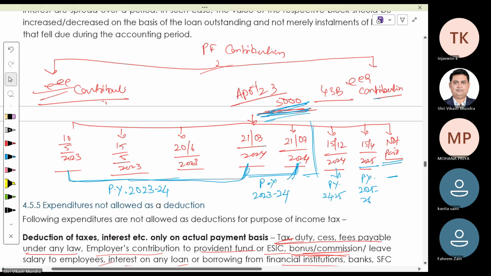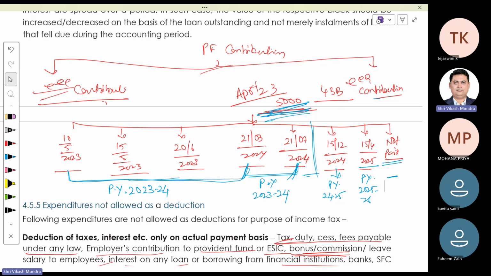Done. These dates are mere example dates. It is not like we are required to make the payment on this particular 21st March. It may be 22nd March or 20th March or 31st March. It may be any date. But the concept is that the payment is made within the due date of filing return of income of that particular previous year.